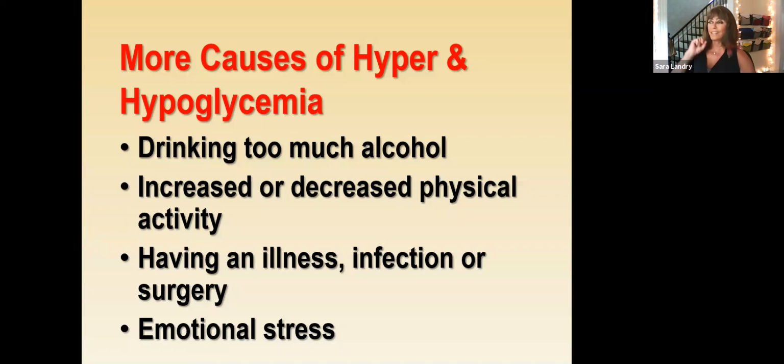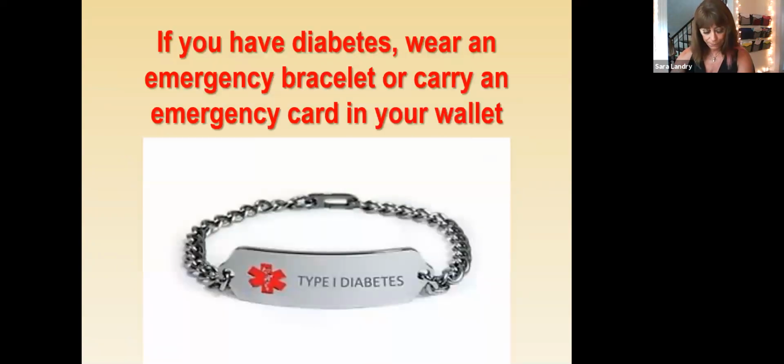If you all of a sudden become a weekend warrior and go climb a mountain and you haven't done that before, you may see that you become hypoglycemic. Certainly when you get sick, you have an illness, an infection, or surgery, it affects your sugar levels. Emotional stress. Somebody that you love passes away and you're under a lot of emotional stress as a diabetic, it can cause you to become hypoglycemic.